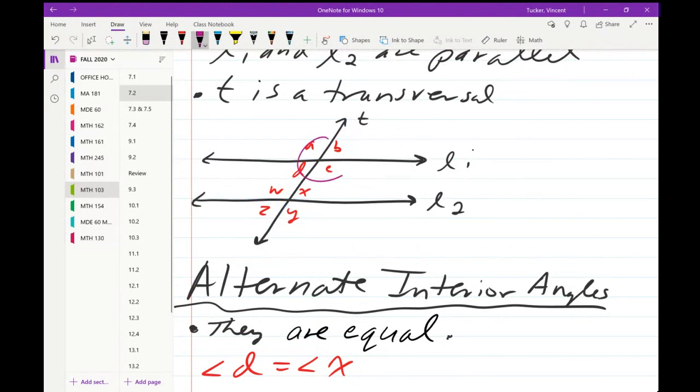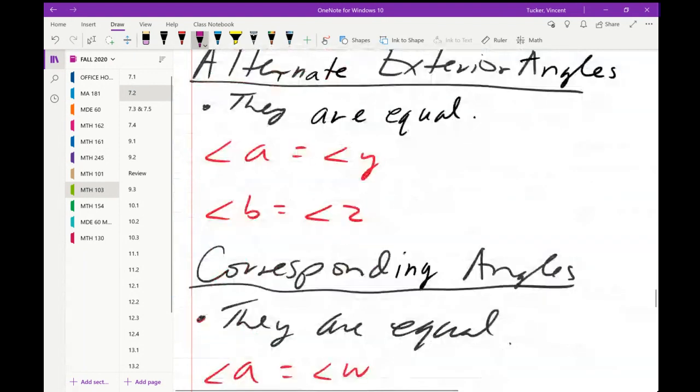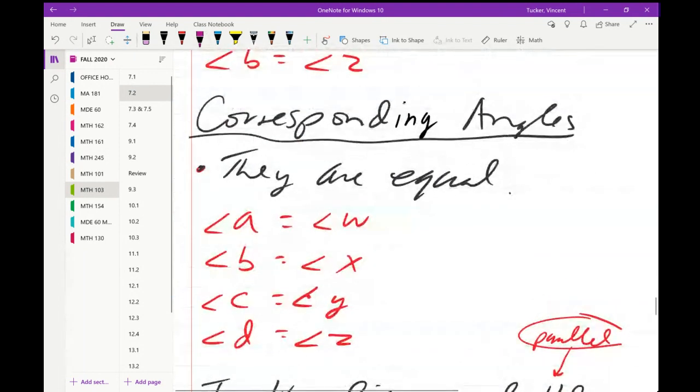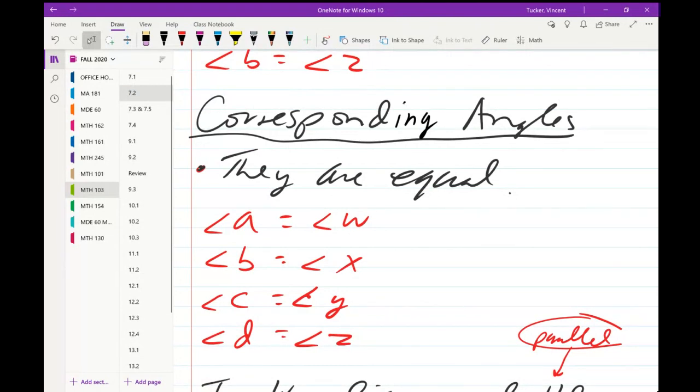All it's saying is that these four angles right here correspond to these four angles right there. So A and W are equal, B and X are equal, D and Z, C and Y. And that's what we have right here. Corresponding angles: A and W are equal, B and X are equal, C and Y, and D and Z will be equal.